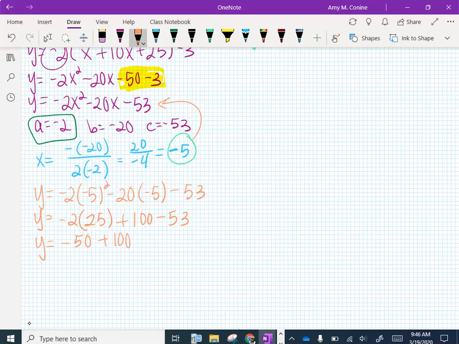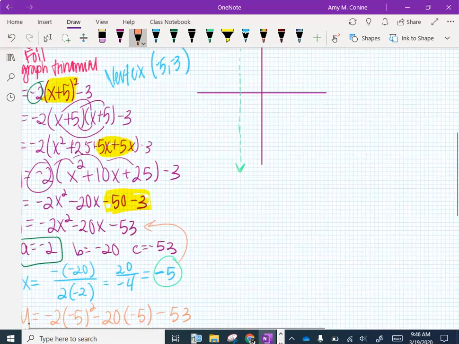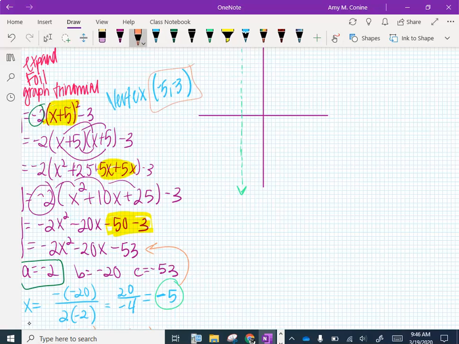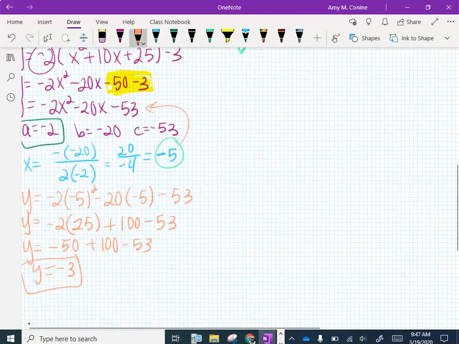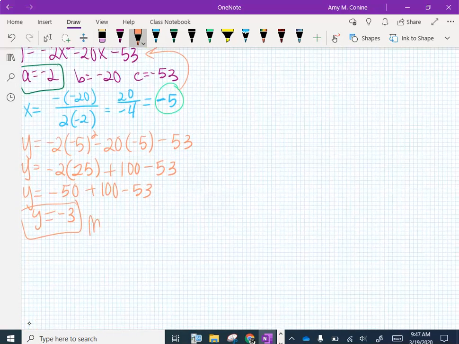They are big numbers, but once you're done, you should get y equals negative 3, which is what we want because our vertex is negative 5, negative 3, exactly what we're looking for. So I'm going to go down here. Okay, so that's where my vertex is. And just in case you're curious, it is a max at that point.